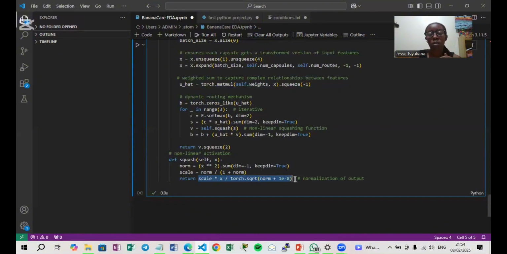This noise is what could lead to misclassification, which we are trying to prevent with our capsule network model, and which would potentially lead to overfitting. So it's only the strong disease features that are highly considered by the model, such that when it returns the output, it's able to make an accurate prediction.